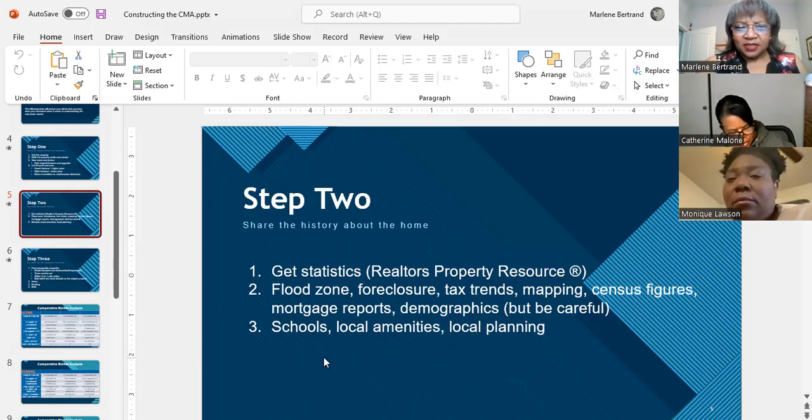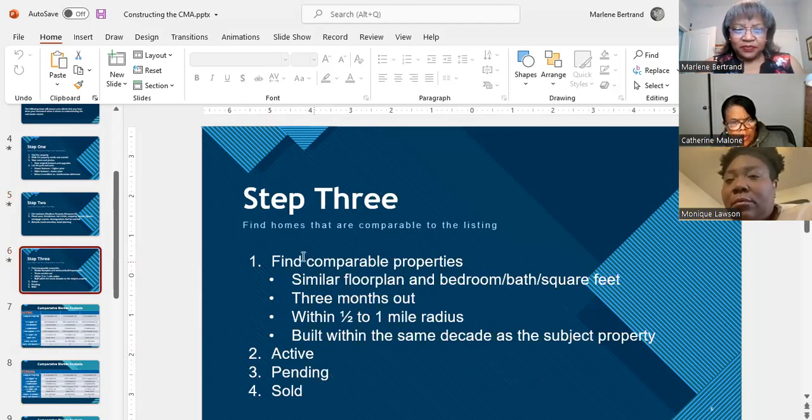So any questions on step 2, sharing the history about the home? No, good. Okay. So in step 3, and I'm going to follow this with showing you an actual market analysis, you want to find homes that are similar to the home that you're looking at.